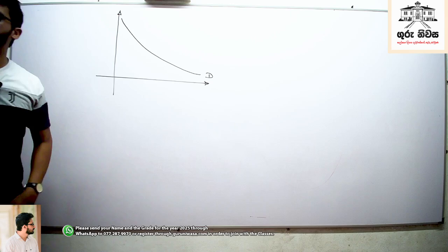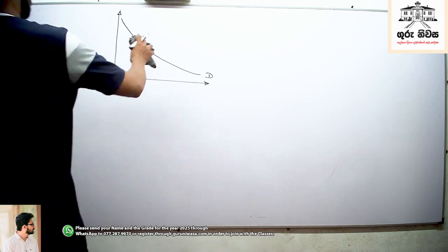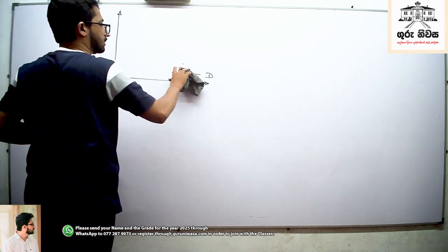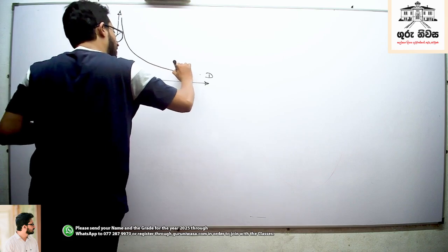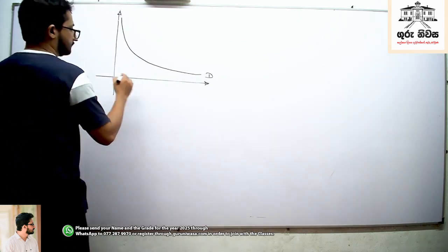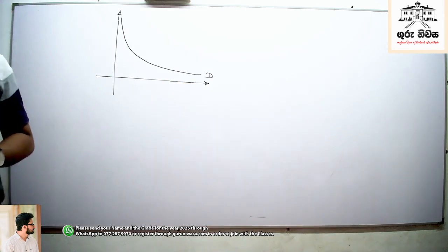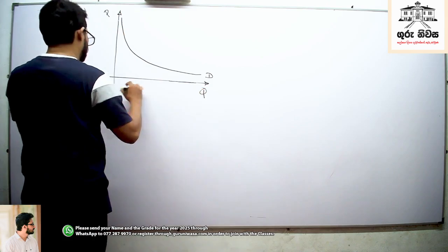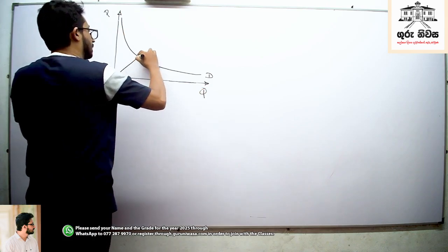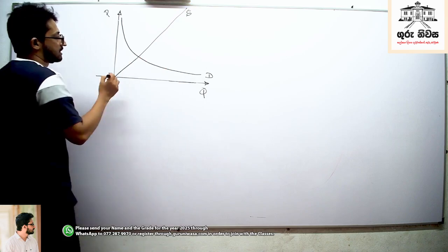Then the unitary supply curve starts from the origin like this. Then this is the original equilibrium.